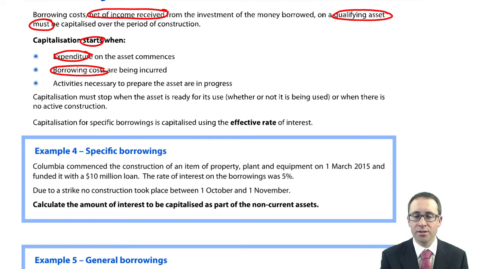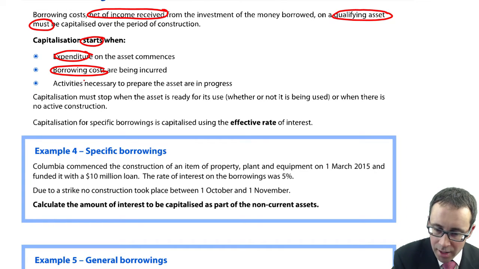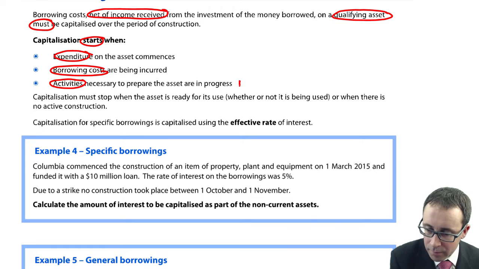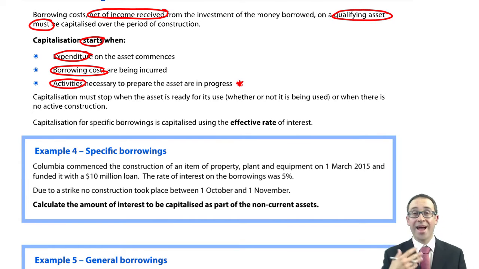So that's a bit obvious, isn't it? And the key one, I think the most important one, is that the activities are taking place. Because if you're incurring expenditure, maybe you're buying the materials, you've taken out the loan, it's the activities that then determine when it starts.